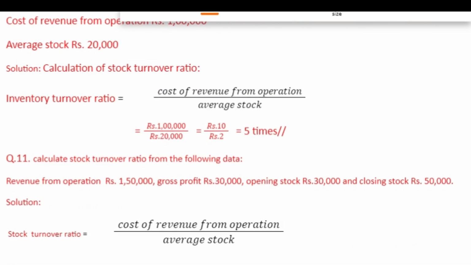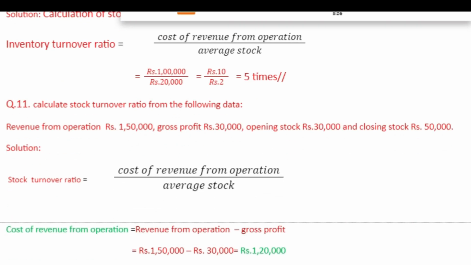Another illustration: calculate the stock turnover ratio from the following data. Revenue from operation is 1,50,000, gross profit 30,000, opening stock 30,000 and closing stock 50,000. Using the above formula, cost of revenue from operation divided by average stock.